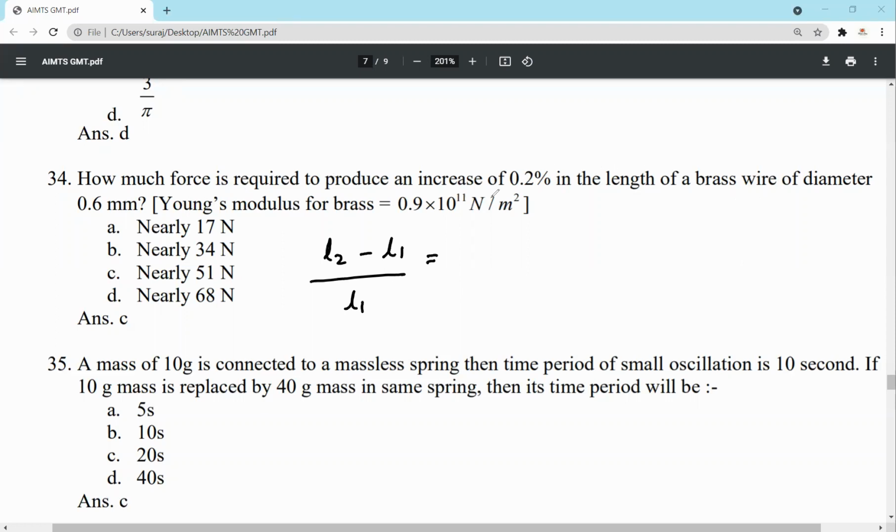The diameter is given as 0.6 millimeter, right?